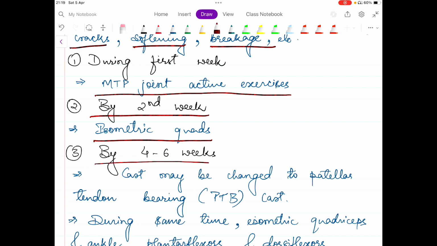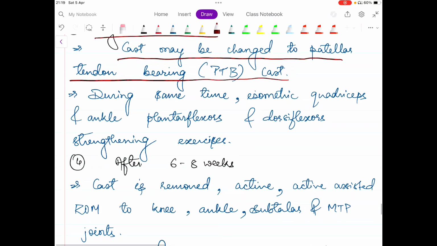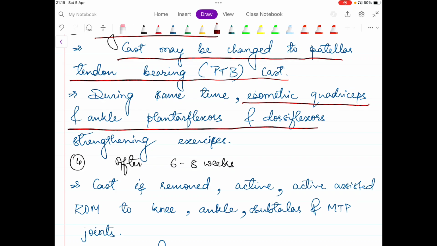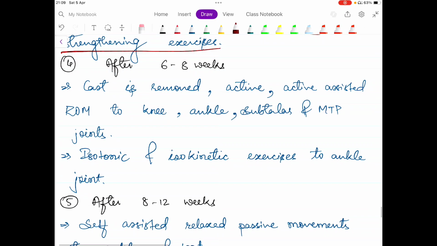During 4 to 6 weeks, the cast may be changed to a patellar tendon bearing cast, PTB cast. During the same time, isometric quadriceps and ankle plantar flexors and dorsiflexors strengthening exercises are also prescribed. After 6 to 8 weeks, the cast is removed.